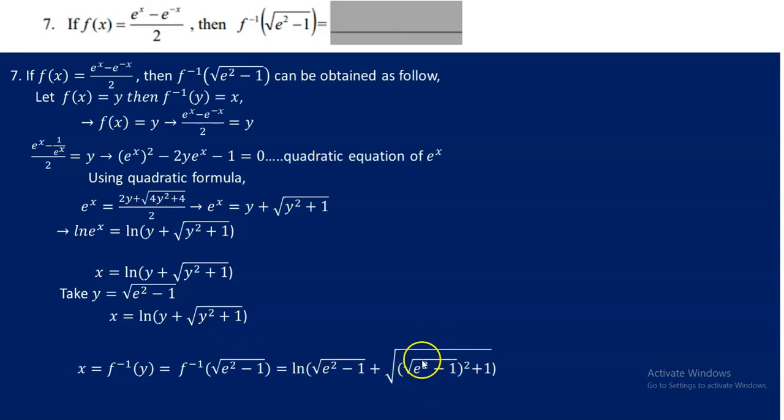As you square this, no more radical, e squared minus 1 plus 1 comes, so minus 1 plus 1 eliminate each other, so e squared alone can come, and the square root of e squared is e. Thence ln of the square root of e squared minus 1 plus e can come. So our answer is going to be ln of the square root of e squared minus 1 plus e.